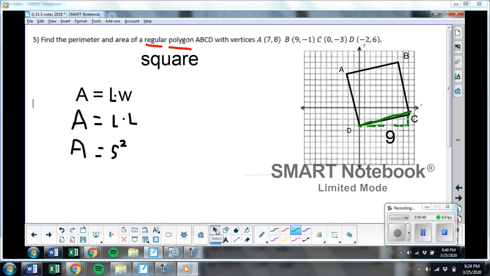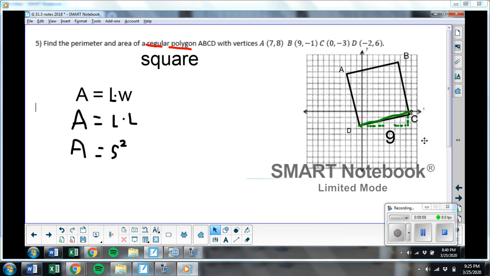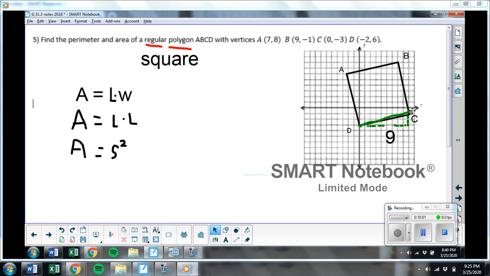Count it out, 2. Now that you have two of the sides, you can do Pythagorean theorem to find the side you really want, the solid green side. So, Pythagorean theorem, 9 squared plus 2 squared equals c squared.